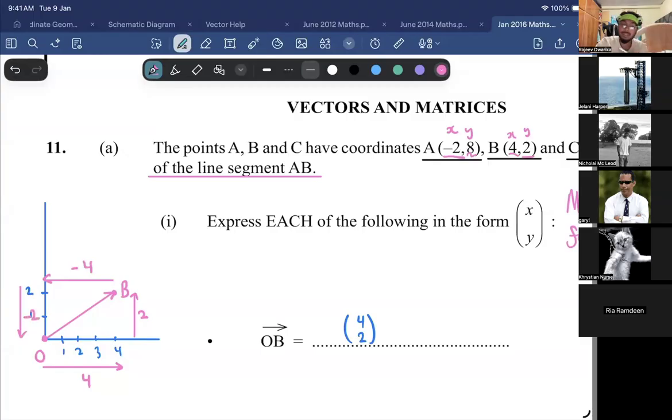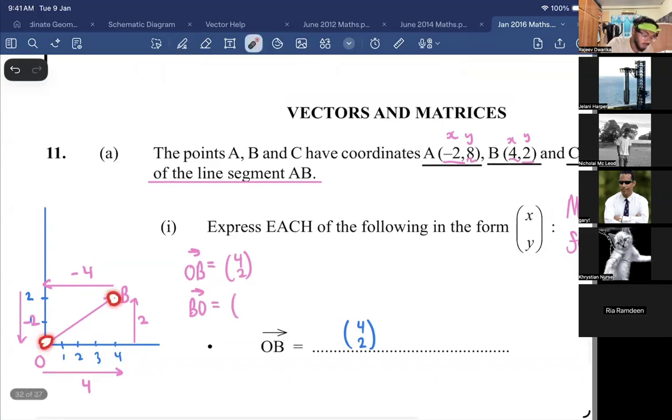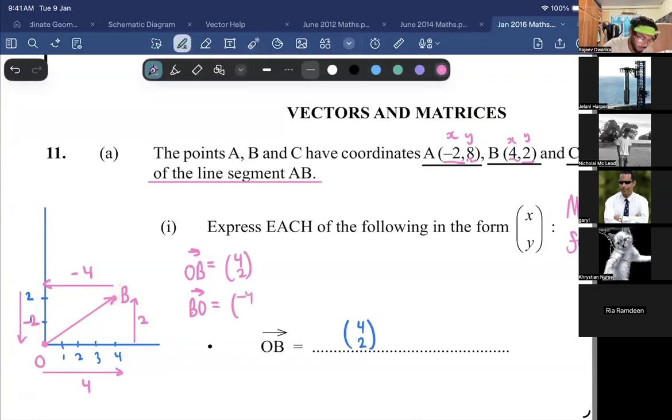So let me explain something. O to B was 4, 2, yeah? Yes, sir. And B to O was what? -4, -2. By me switching directions, what happened to the 4, 2?